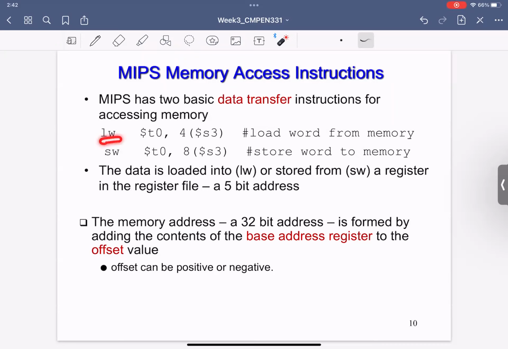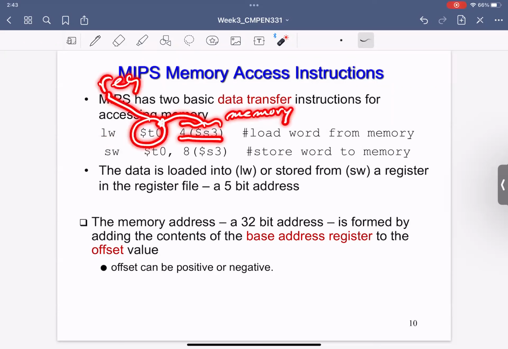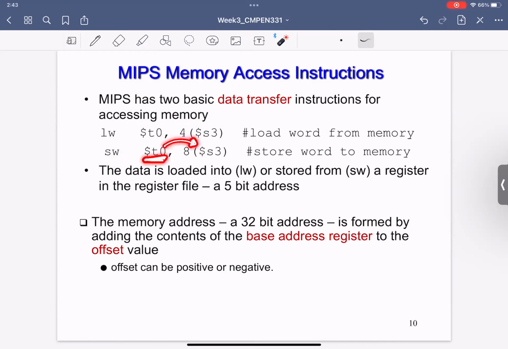Load word from that location to that location. So this location is in the memory, and this location is in the register. Store word is the other way around. I would like to store something from the register to the memory. So again, this is in the register, and this is inside the memory.